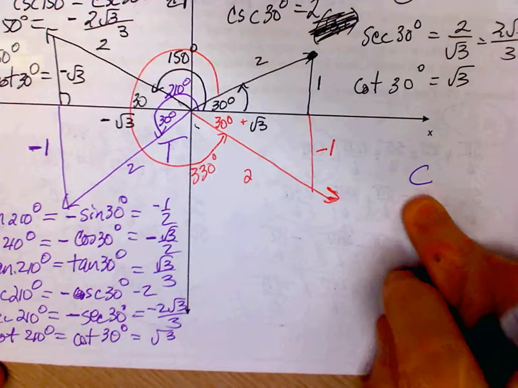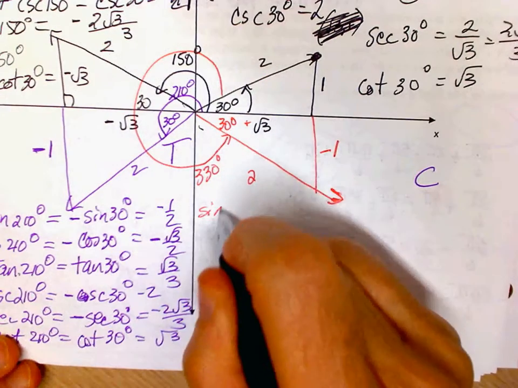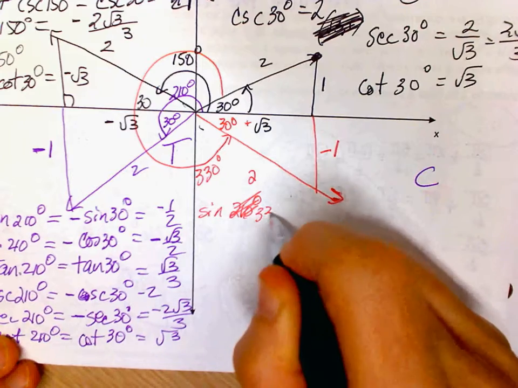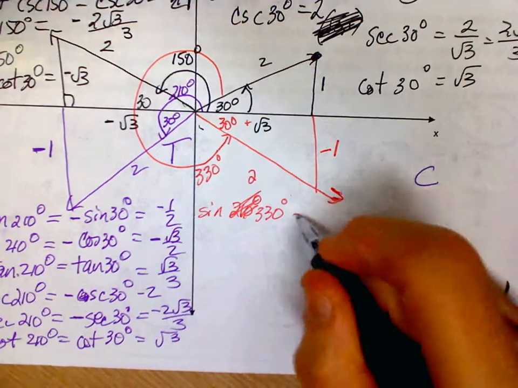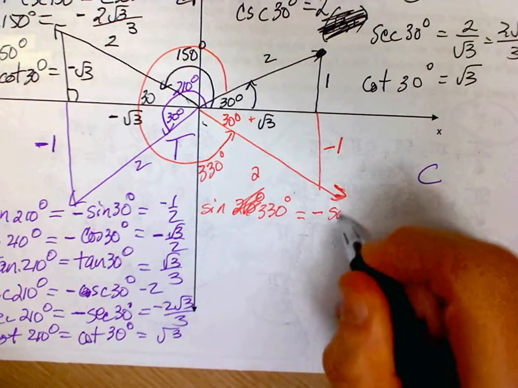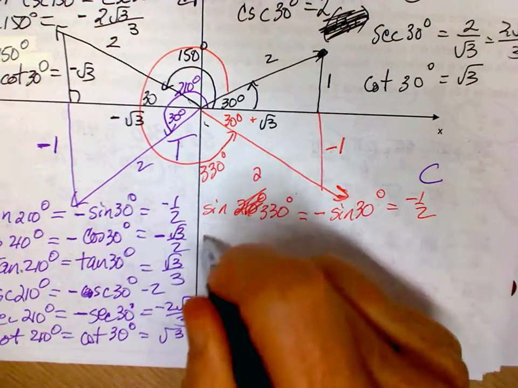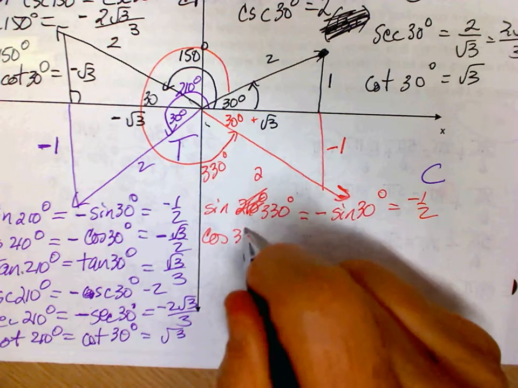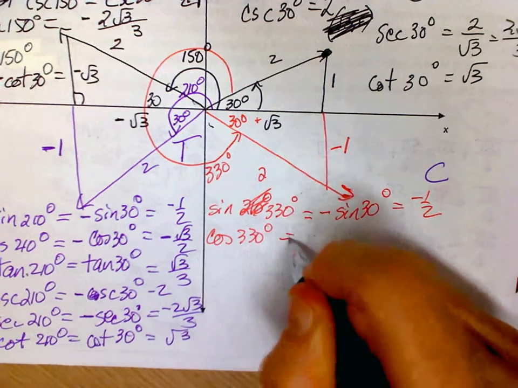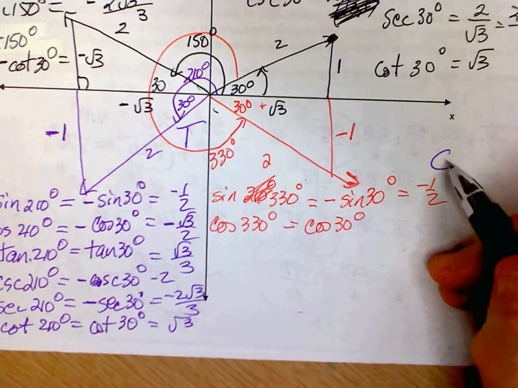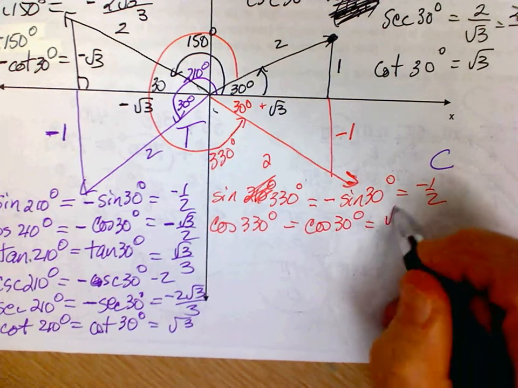So sine of 330 degrees is equal to the negative sine of 30 degrees, which is equal to negative 1/2. Cos of 330 degrees will equal the cos of 30 degrees. Cosine is positive, and that's root 3 over 2.